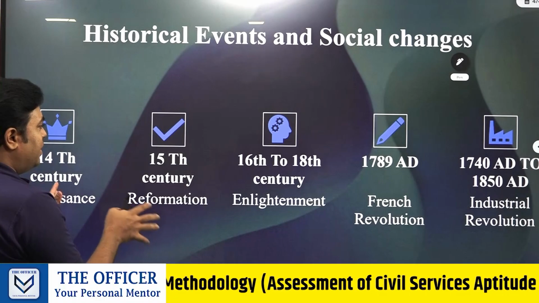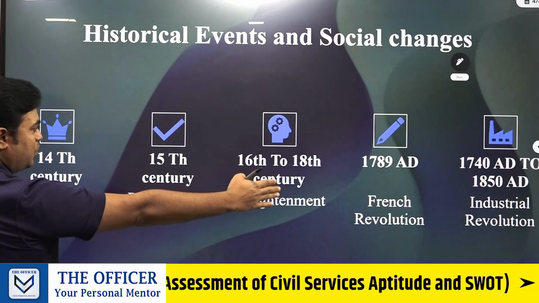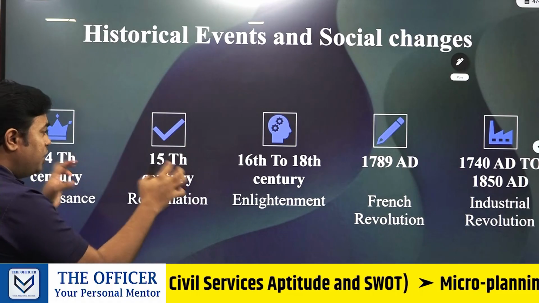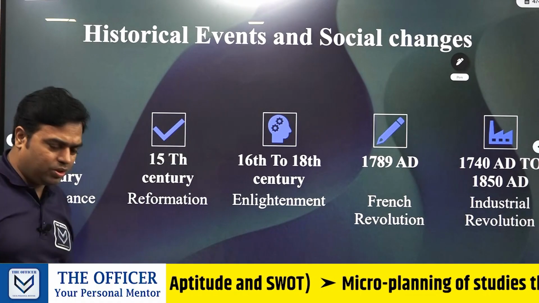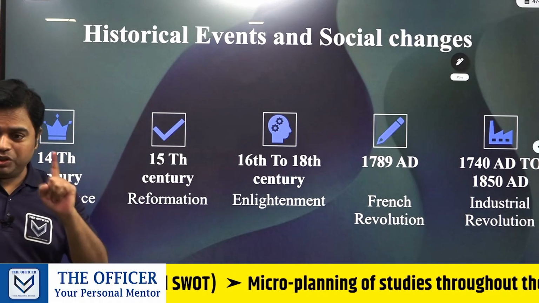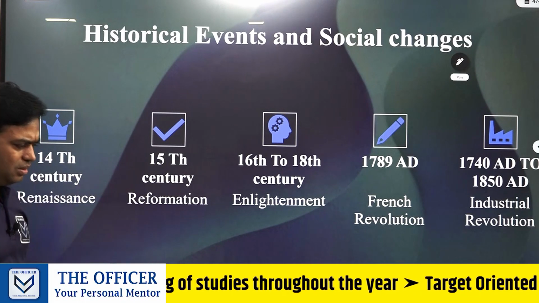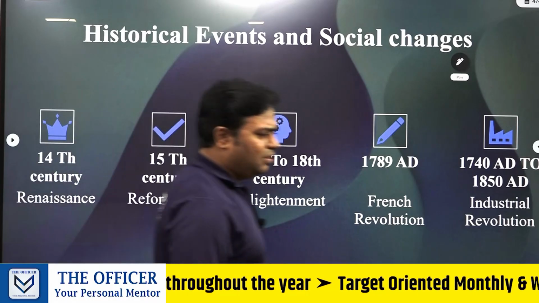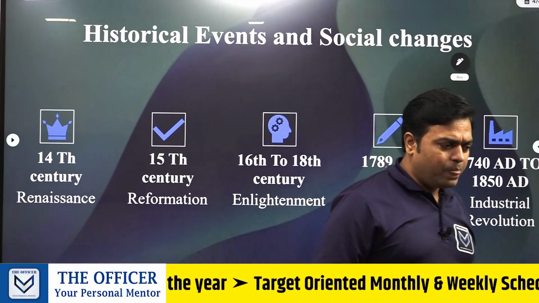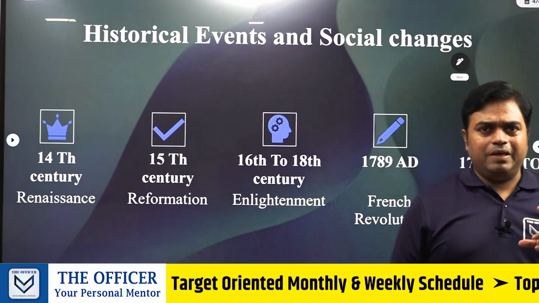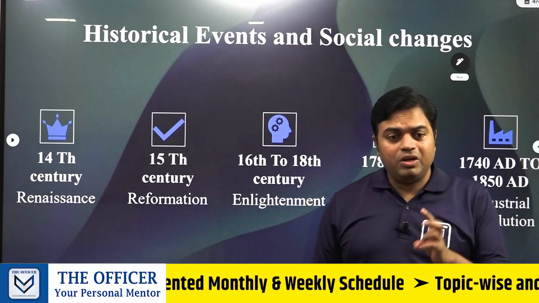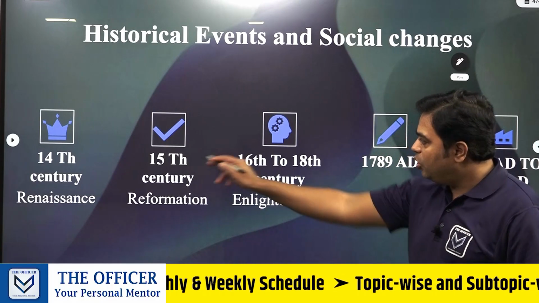Now, how did this happen? These are all the social changes which took place, and these are the major social changes upon which you will get questions. A number of people contributed to these changes, but the UPSC will particularly focus more upon them.